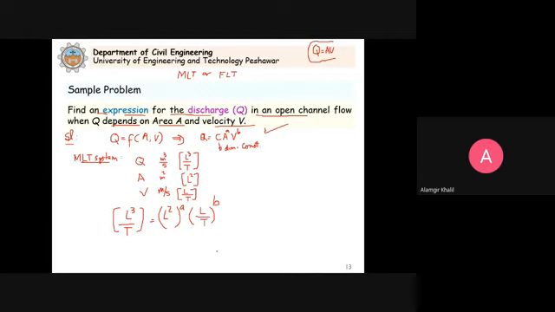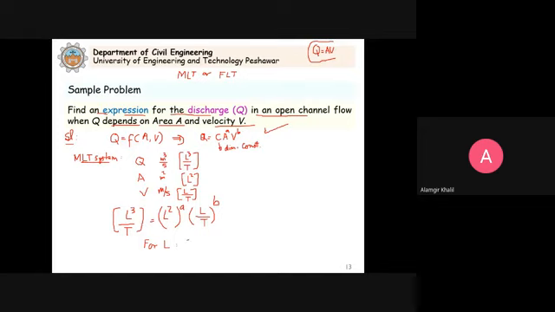Now, as I said, dimensional homogeneity is the foundation for these methods. To satisfy dimensional homogeneity, the exponents of each dimension must be identical on both sides. For example, for L, the exponent here is 3.